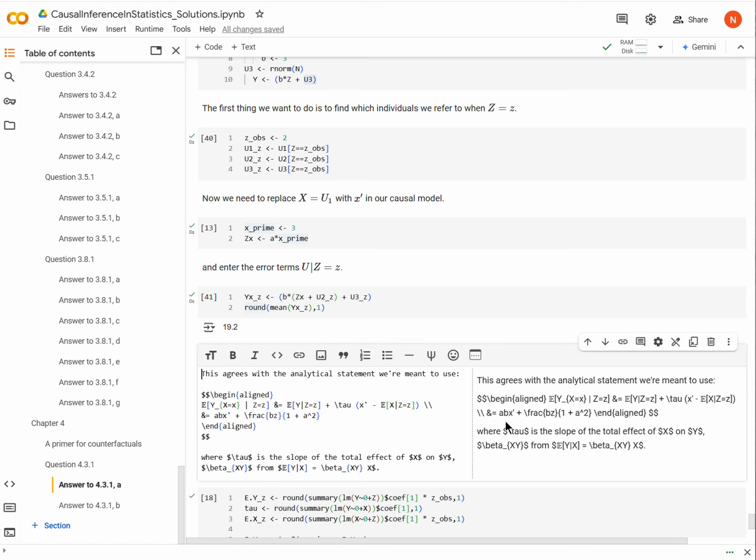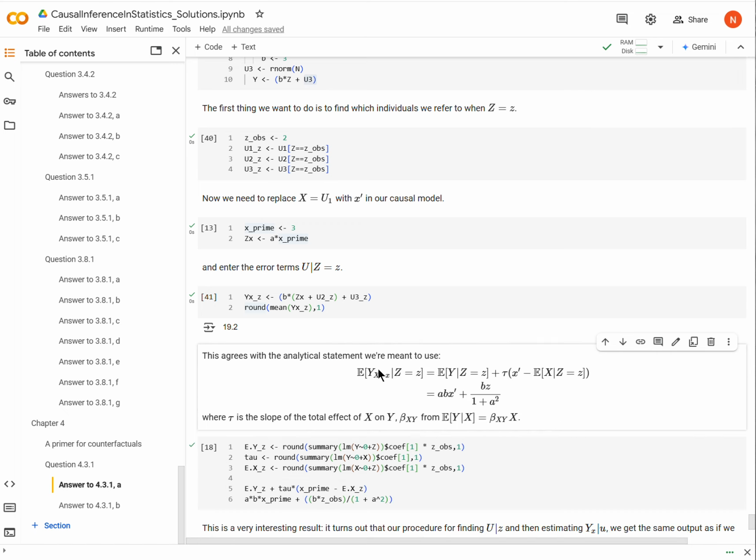So tau is just this beta from this separate regression over here. X prime is our x prime value, and then the expected value of x when z equals z. We get that from its own regression again.